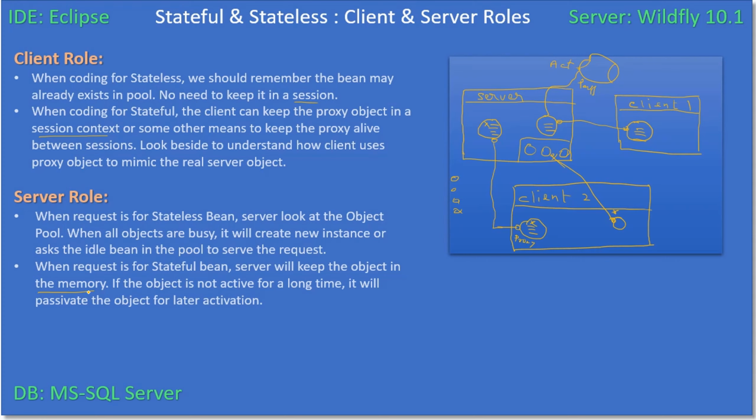If the object is not active for a long time, it will passivate the object. And if a session timeout occurs, it even removes the object from the memory. Or if the user closes the browser session, at that time also the container will remove the object.